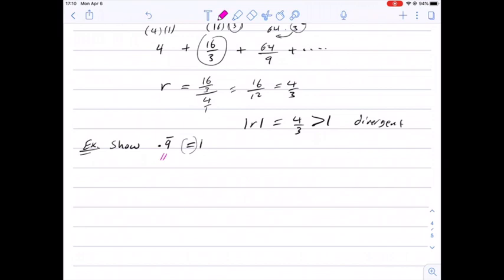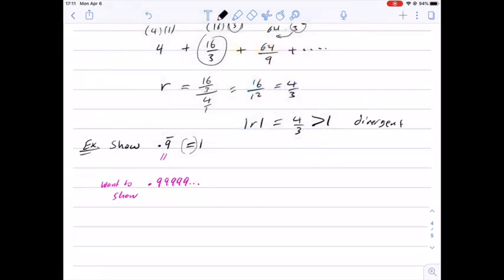This is one of the nice applications of the geometric series. Now 0.9 with a bar over the 9 means it's infinite and repeated. So we can write it as 0.99999 infinite and repeated.